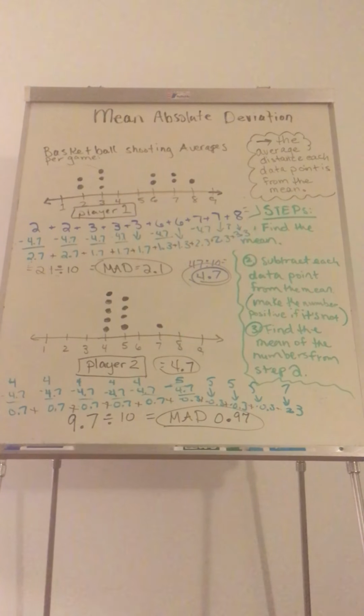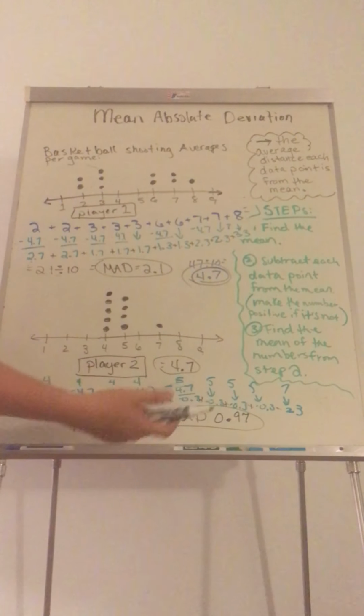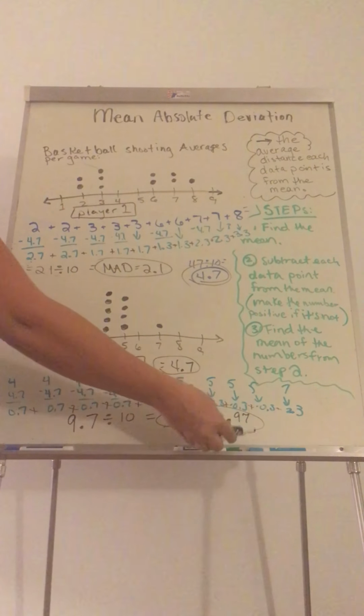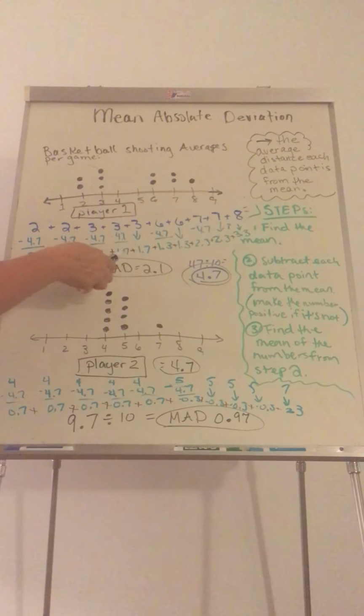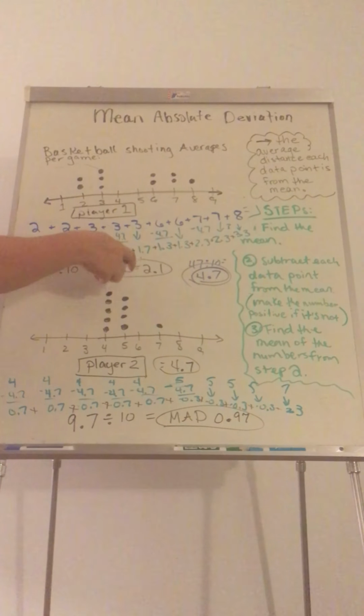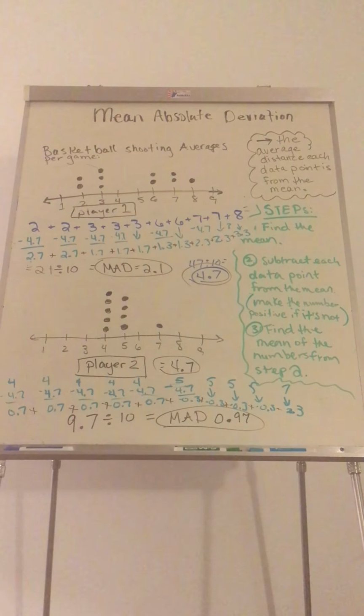So the mean absolute deviation here is very small. It's less than 1. It's 0.97, whereas the mean absolute deviation here is 2.1. So they were looking for a player that is more consistent. Obviously, player 2 is more consistent because they have a smaller mean absolute deviation.